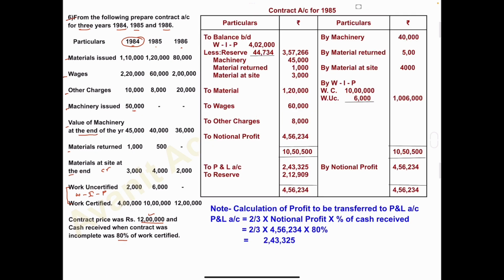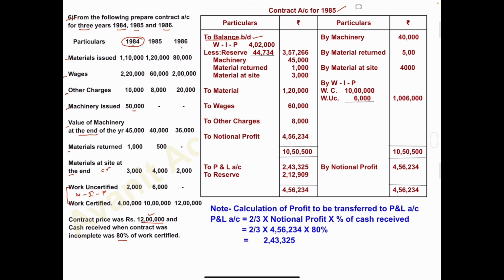Okay, let's start the contract account for 1985. Heading: contract account for 1985. First, what do we have to take? The closing values of 1984. First write to balance brought down. So last year's balances we have to bring down here in 1985. To balance brought down. First we will take work in progress.